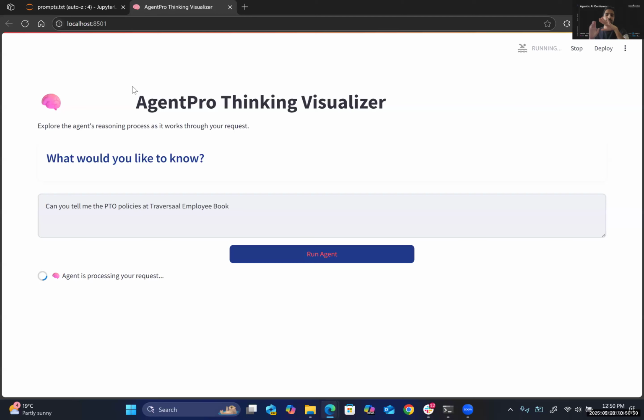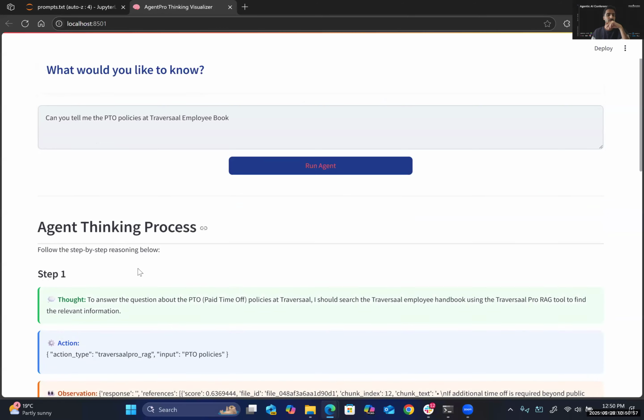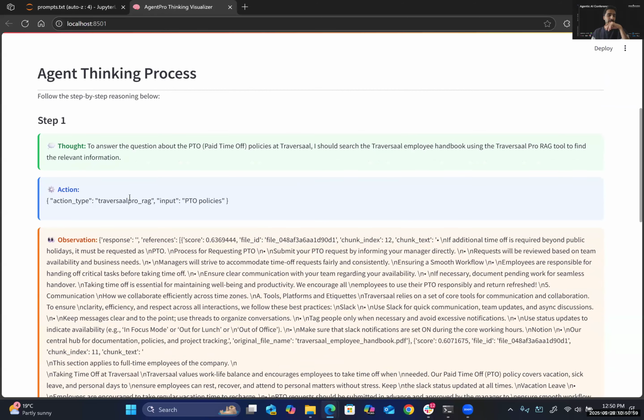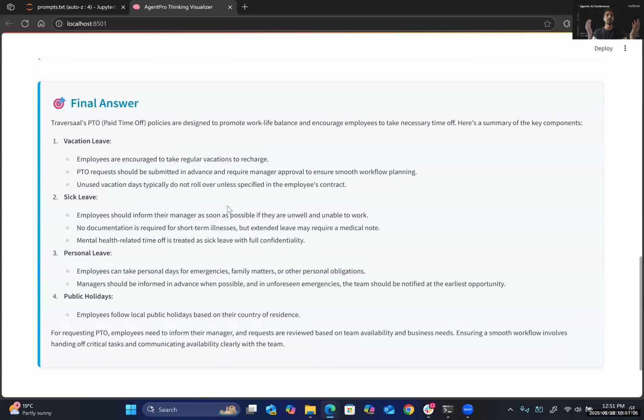The embeddings and the chunking have already been done on the Pro Traversal AI website. So it actually called the tool, asked for the PTO policies, got some observation, and generated the final answer for you. It means you don't need to read 300 pages of a book. You just need to make a RAG tool, prompt it, and get the answers out of the documents.